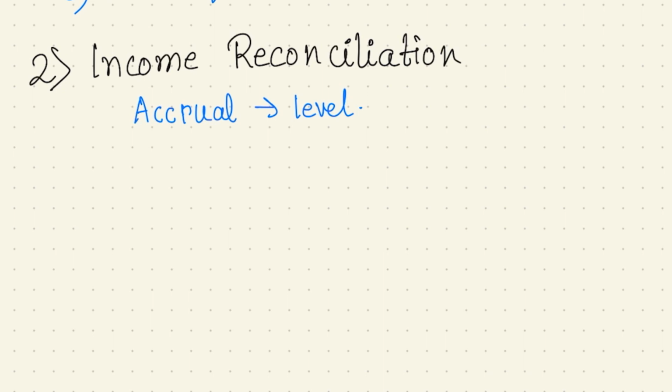But in income reconciliation, we work at the accrual stage only, when it is in the receivable bucket. Suppose a company has already declared a dividend and I know I am going to get it after 15 days or after 3 months. I am already creating an accrual and putting it as a receivable. Custody will also do the same. Why do I reconcile at that level? So that I can avoid getting a cash break.